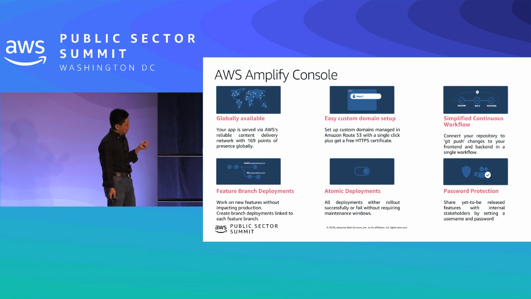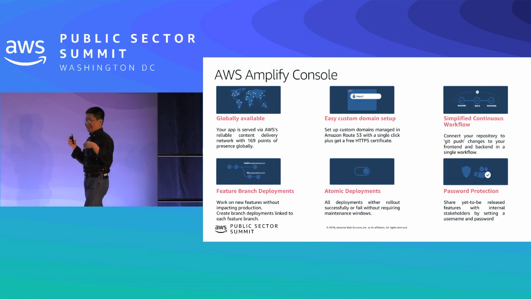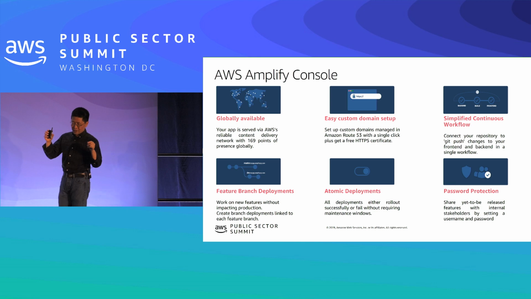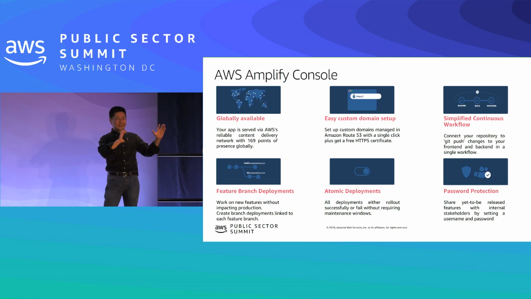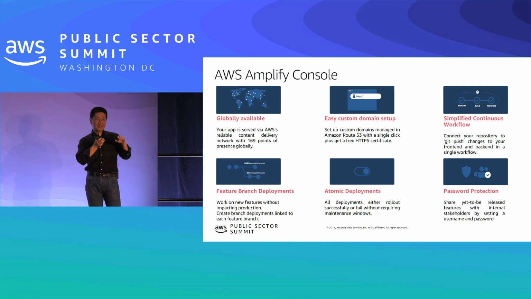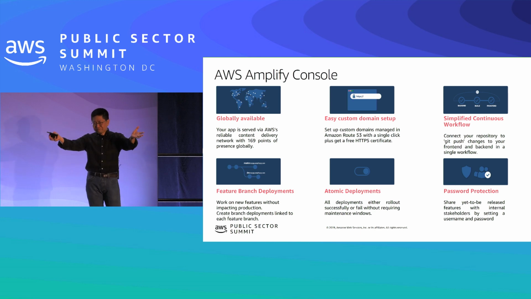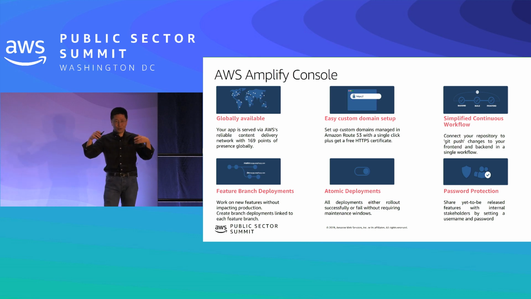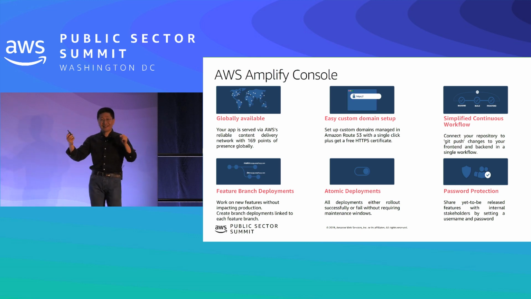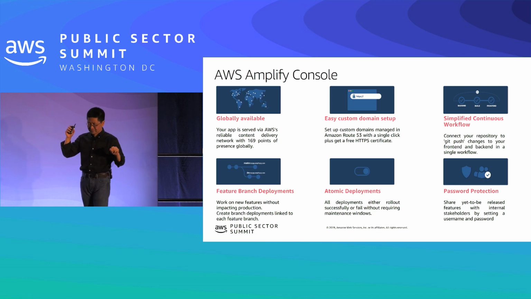So, developer tools. Recently, we also announced something called Amplify Console, which gives you a very nice user interface. You can do CI/CD, continuous integration and deployment, for your web and mobile applications. It's globally available, on all the edge points of our CDN. If you deploy your web application, for example, it's going to be pushed to the CDN edge points.